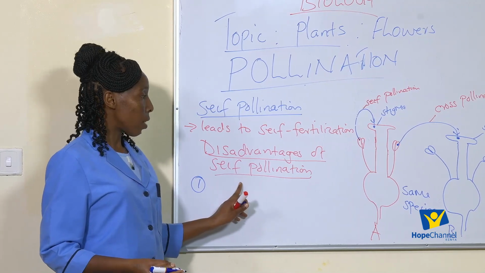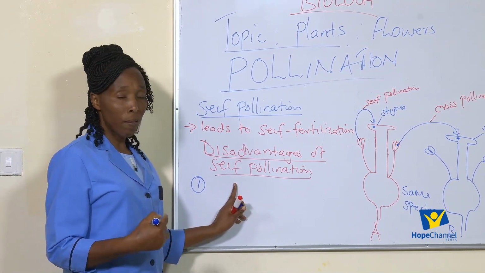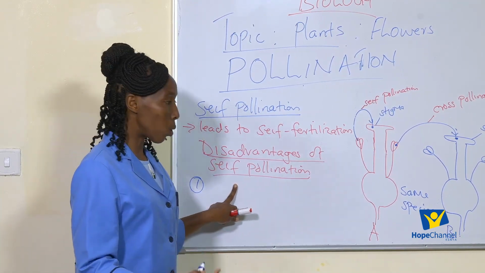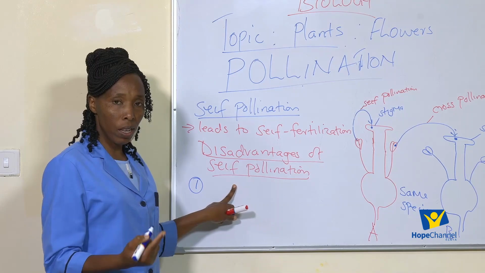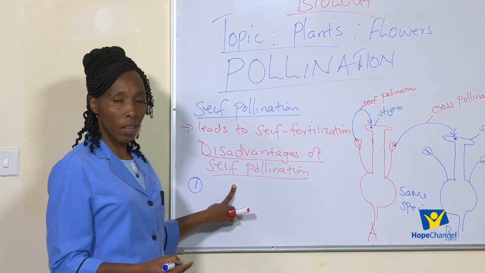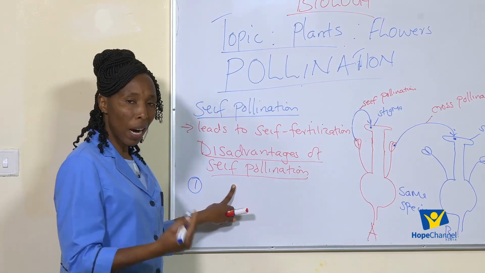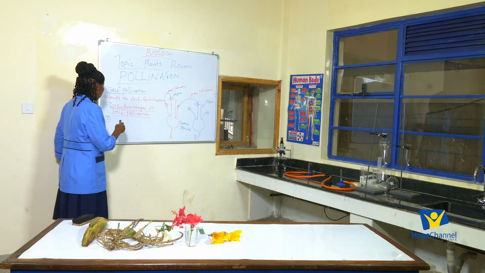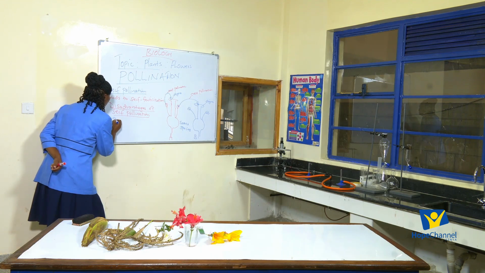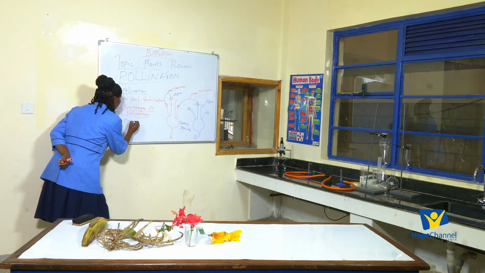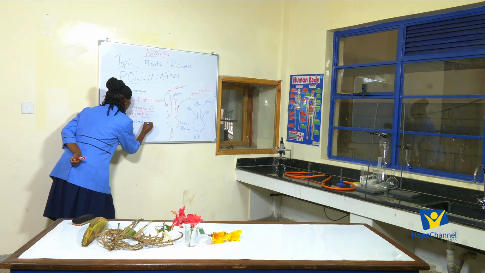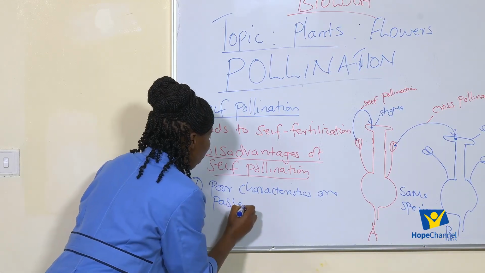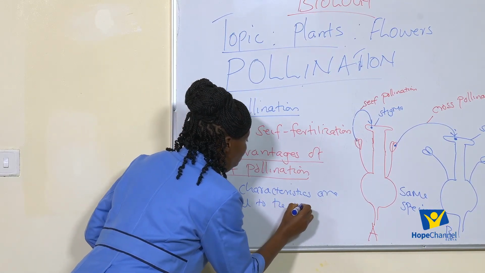In that flower. Remember, a flower is a reproductive organ of a plant. So if that plant is reproducing and it is having self-fertilization, then the poor characteristics, the poor genes, the bad characteristics are transferred to the offspring. So poor characteristics are passed on to the offspring.